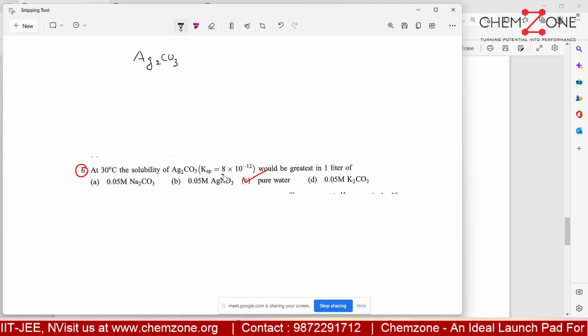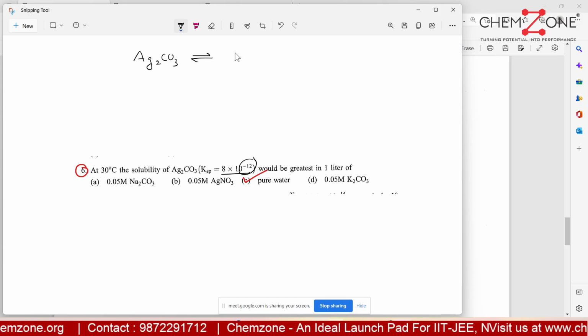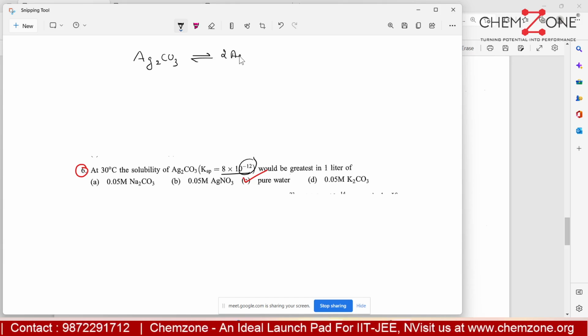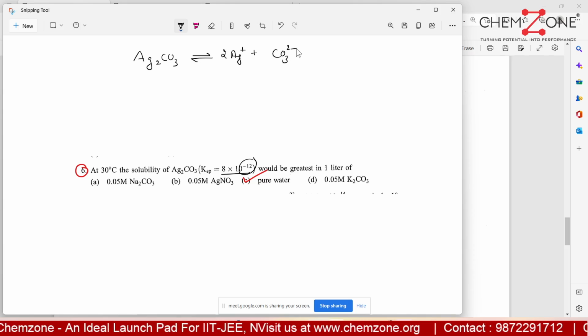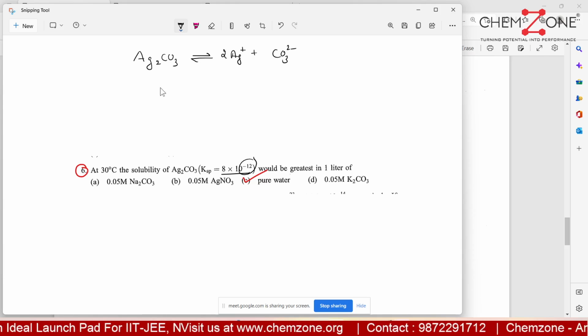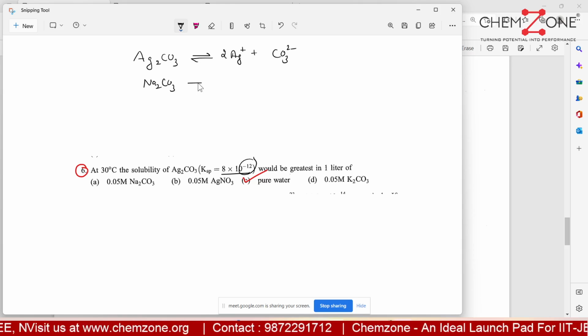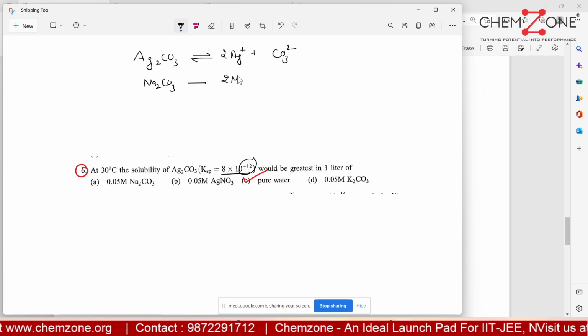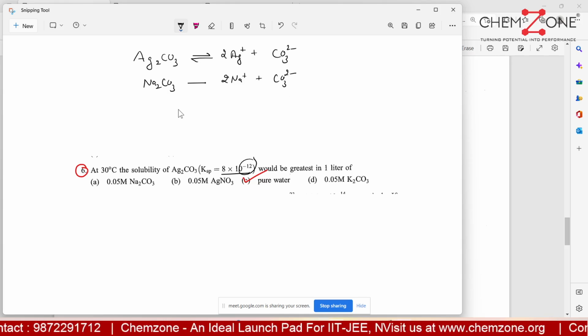Its KSP value is very, very less, so it is undergoing incomplete dissociation into its ions. If I add sodium carbonate, this will cause the common ion effect, and the reaction goes in the backward direction.